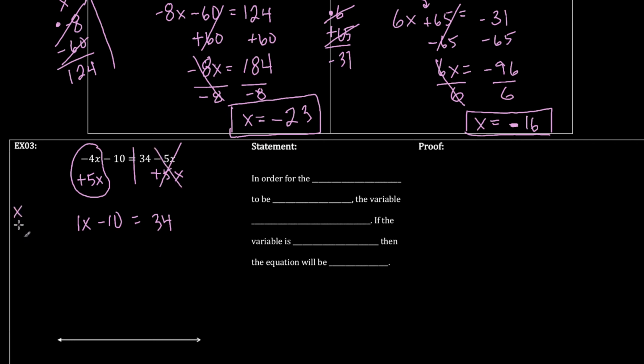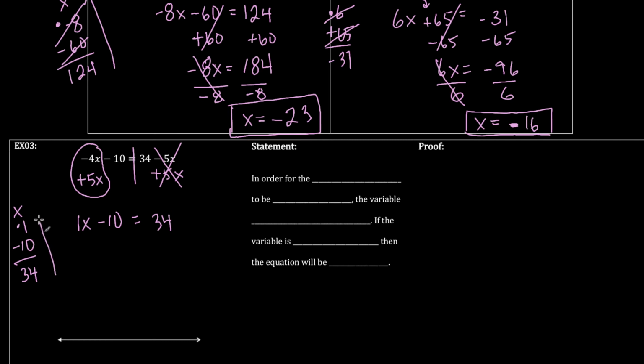So x times 1 minus 10 equals 34. Remember, you don't even need the times 1. The 1 is always there. But for those of you that really want to do something with that 1, I will do it for you. So inverse operations going backwards.